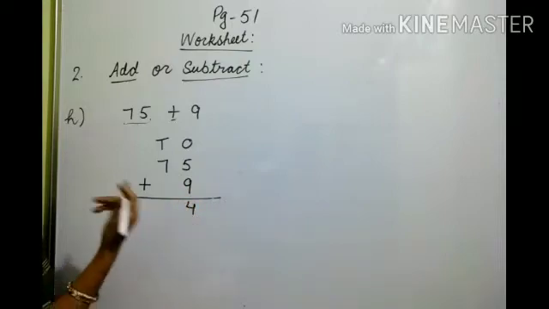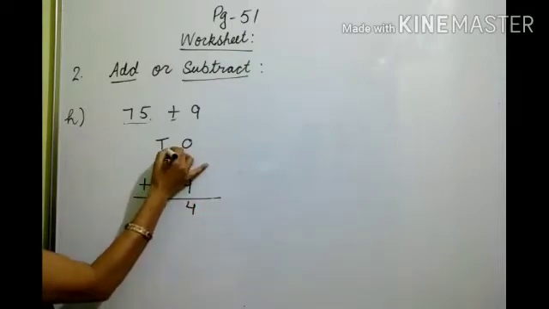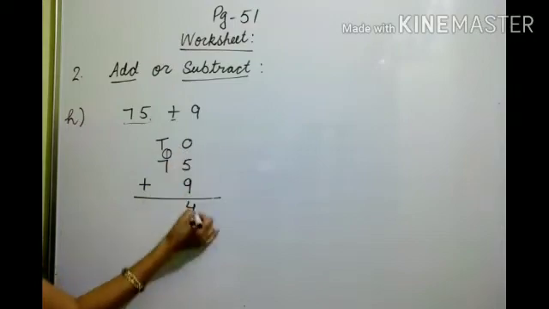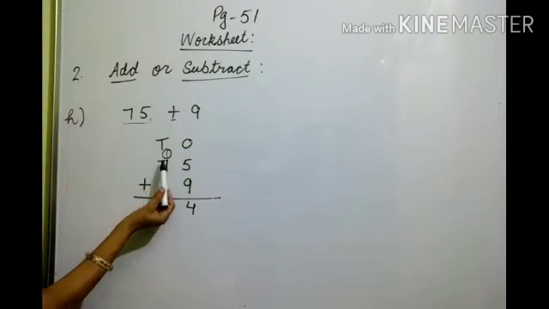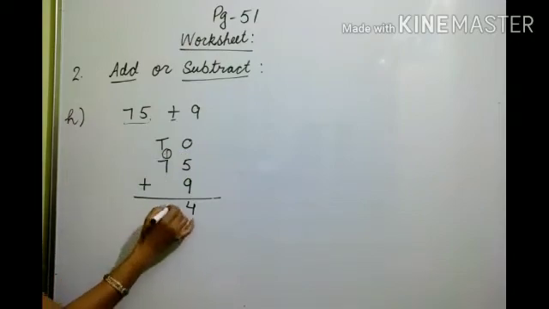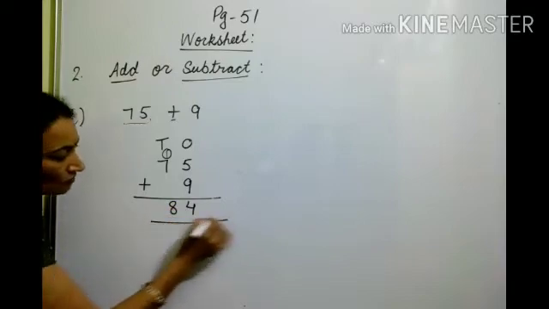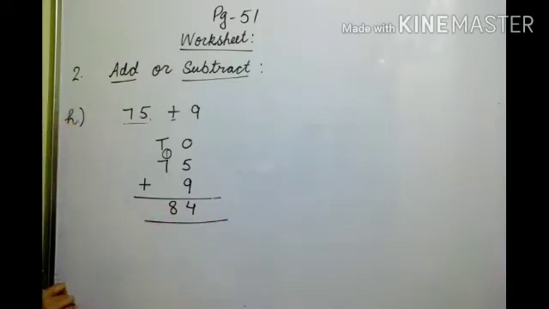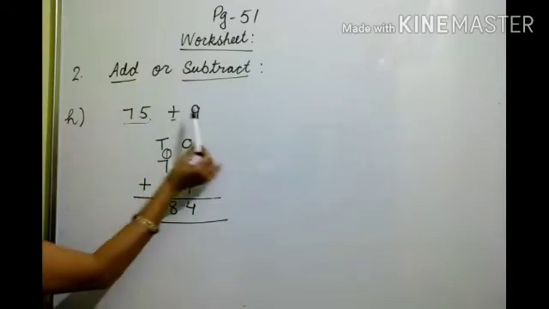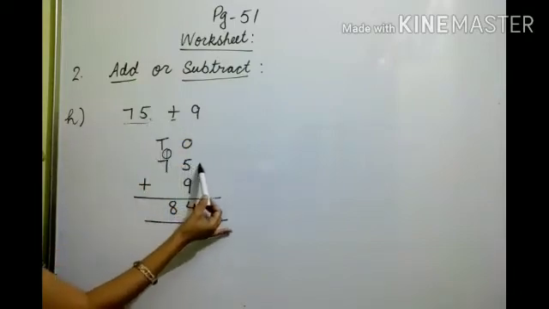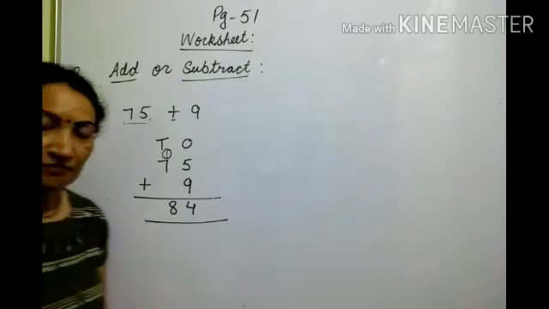We are getting 14. 4 we will write in the ones column and 1 will go as carry in tens. Now 7 plus 1 carry, 8. So the answer is 84.